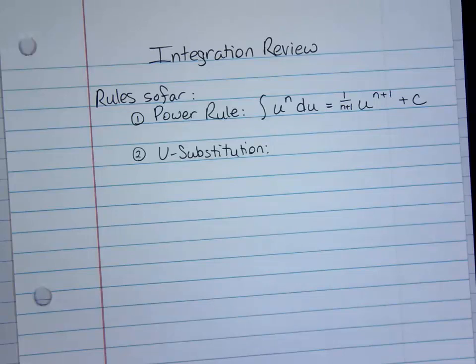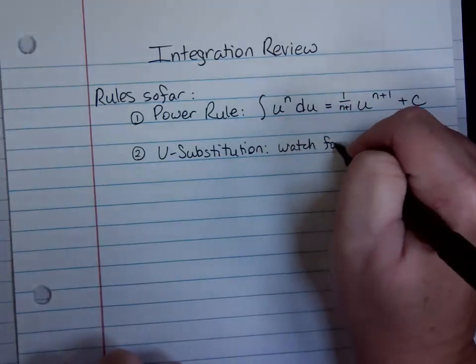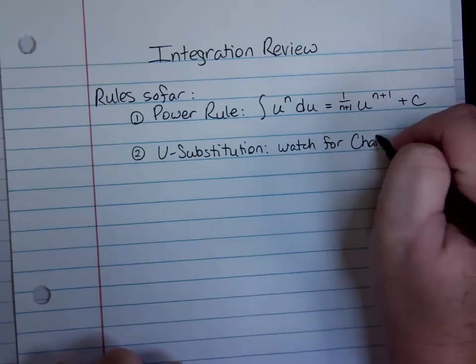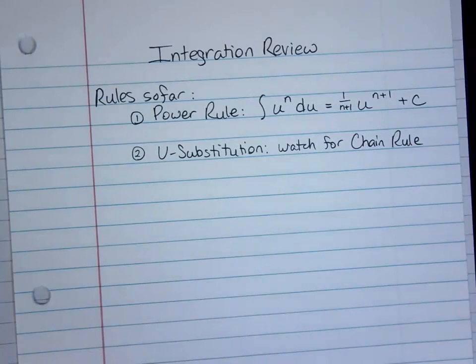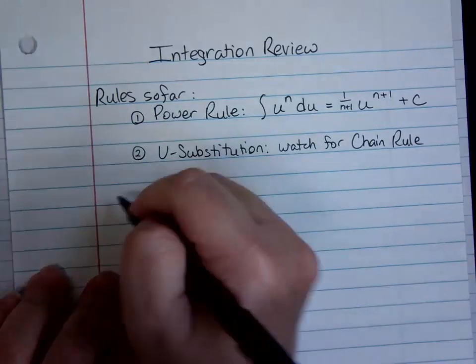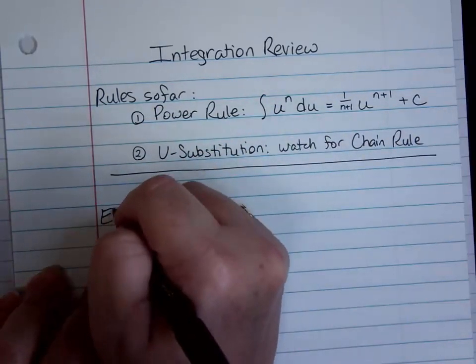Chain rule. That's what I'm looking for, exactly. Watch for chain rule as you do these problems, okay? So as we do the examples, some will be U-sub, some will not. And we're going to talk about the different methods to do them and how to know what to do in each one.